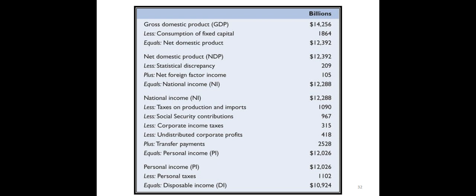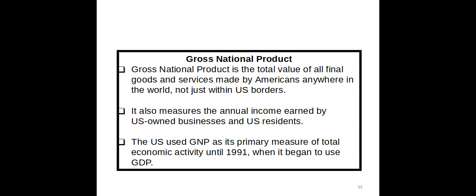Like I said, we're going to focus on the expenditures approach to GDP. One last thing, we didn't actually use GDP as a measure until 1991. Prior to that, we used gross national product, which was the total dollar value of all final goods and services made by Americans. So we looked at the income of Americans, no matter where they were in the world.